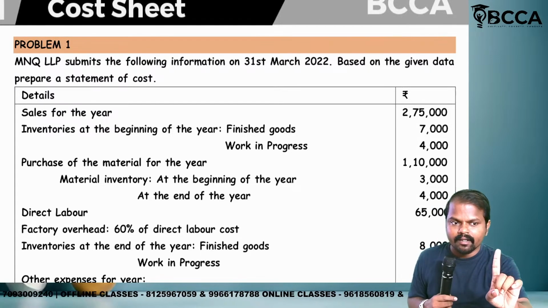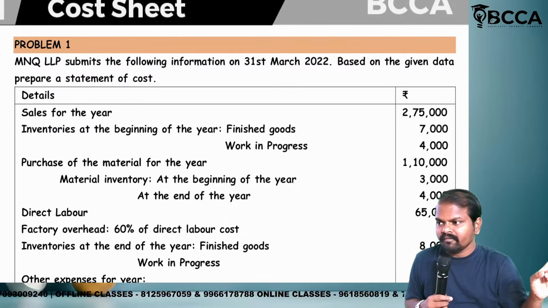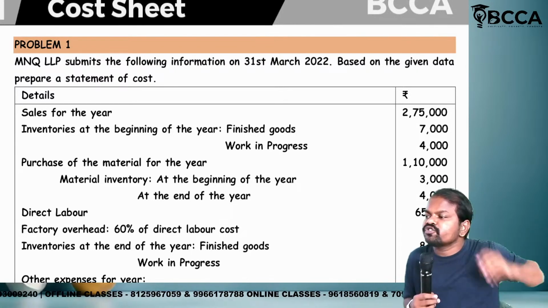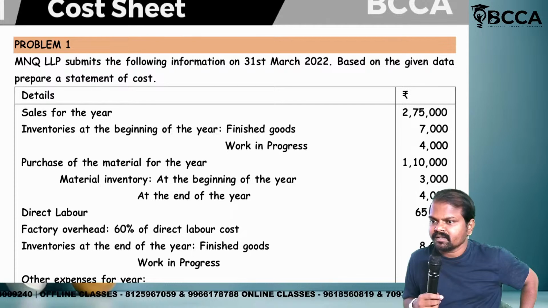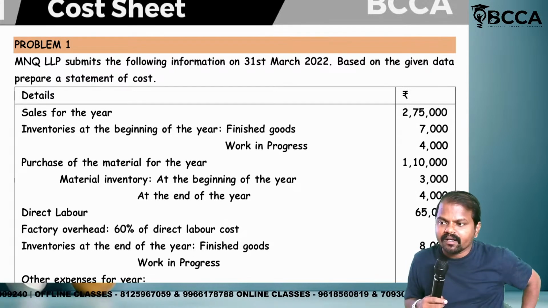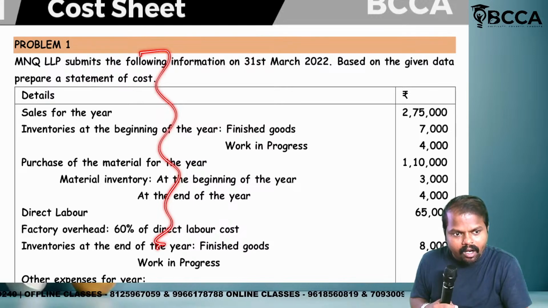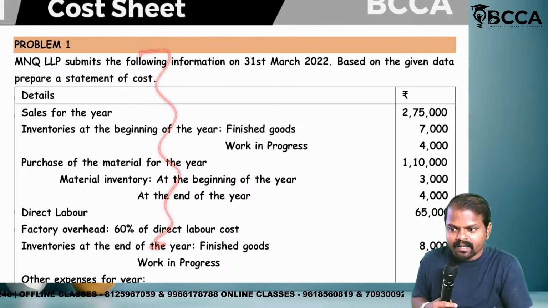One student went to the examination hall. In his preparation, contract costing was his choice. Listen carefully: he studied the entire data, taking 5 minutes.